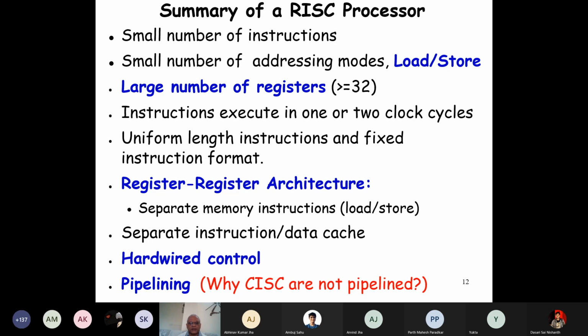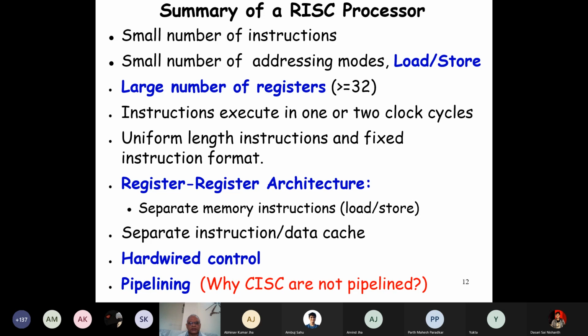There are a large number of registers, greater than or equal to 32. In the modern processors, like Core i7 and so on, you will find that the number of registers supported is 32. Even though 1024 is not a large number, we can have more registers also.